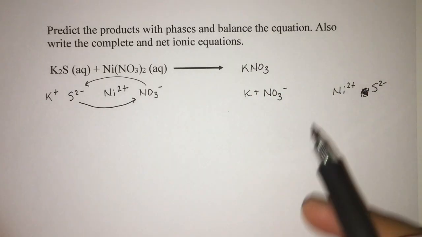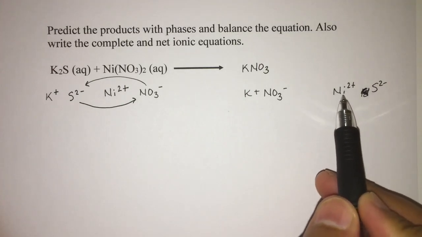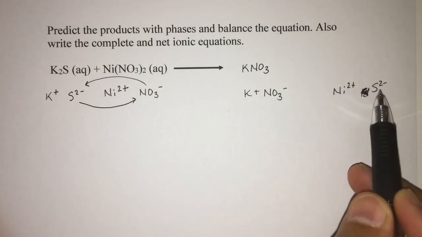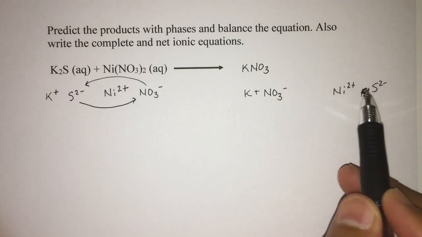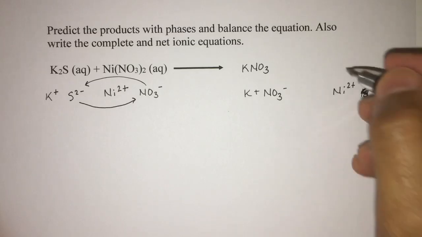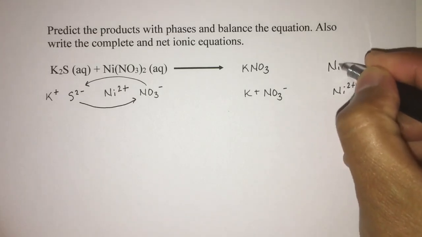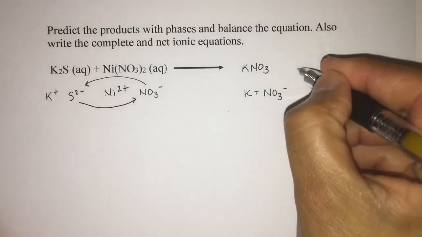KNO3. Our second species, nickel 2 plus, sulfide 2 minus, we want to write a formula where these charges will balance, 2 plus, 2 minus, so we just need one of each. So those are the two products.